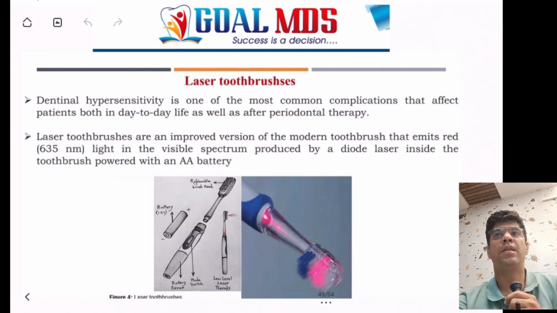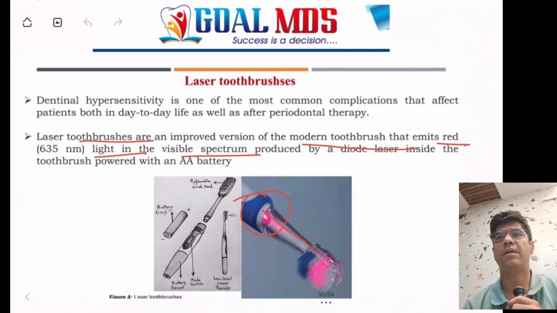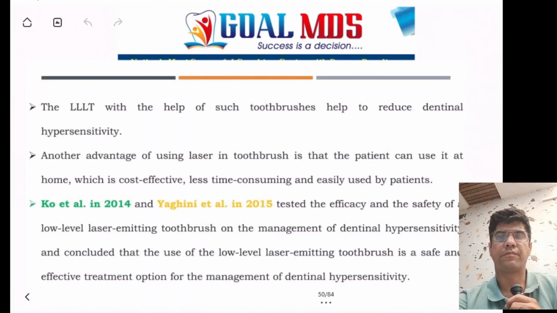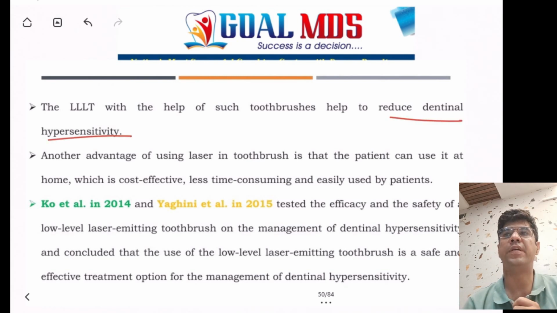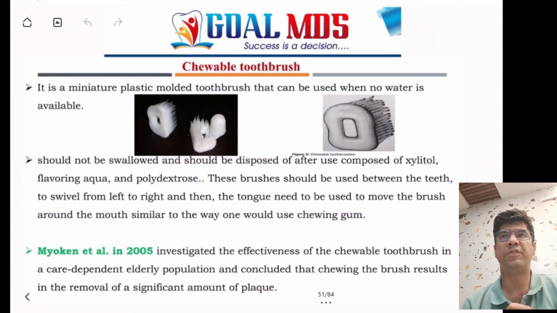The other is the laser toothbrush. Laser toothbrushes are an improved version of the modern toothbrush that emit red light in the visible spectrum and are powered by a battery. They help to reduce dentinal hypersensitivity, and that is the main advantage of these toothbrushes.